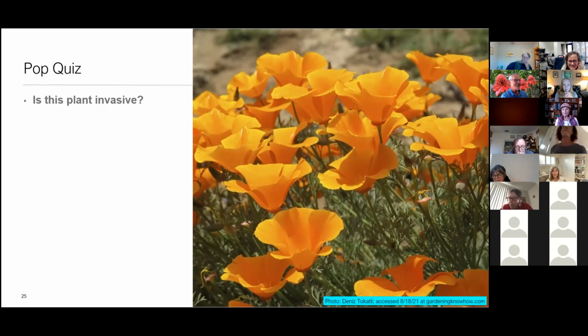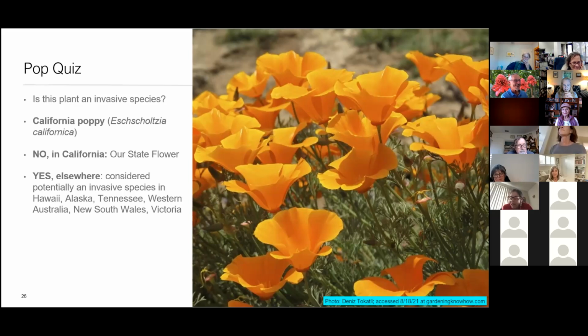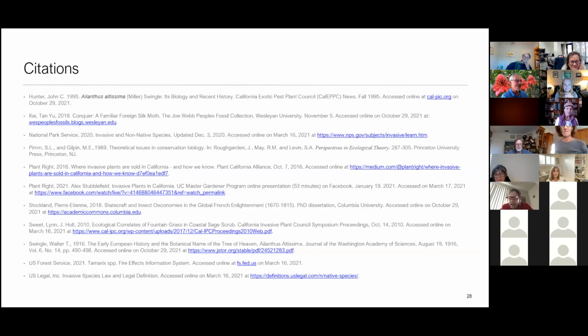It's native, but it's also invasive. All these states, and probably more, and other countries have found it to be an invasive plant in their region. Oops. So here we go. We're not only recipients of invasives, but we're the apparent exporters of invasives. With that, I will take questions.